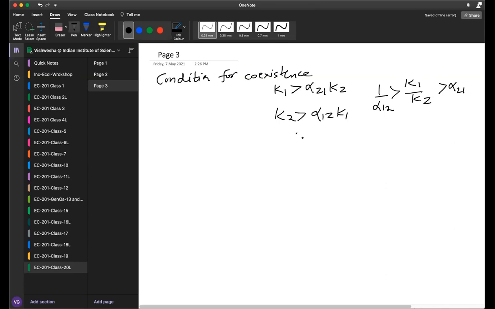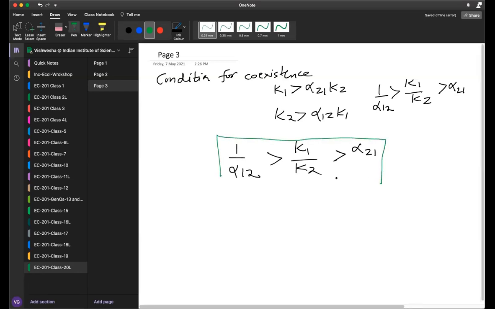Let me write that now in the center here. K1 by K2 is greater than alpha 2,1, but is less than 1 over alpha 1,2. Is it fine?